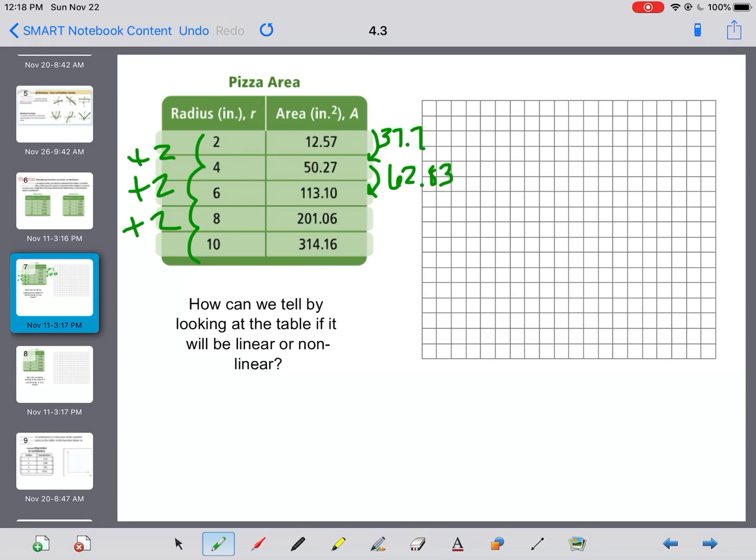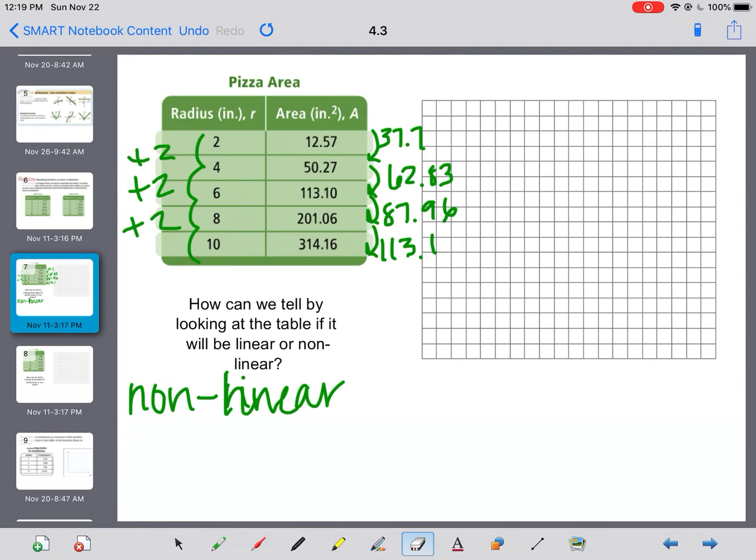Then to get from 50.27 to 113.1, we added 62.83. So we already know it's not changing by the same amount. The next one, we have to add 87.96. And then 113.1. So we know that it is nonlinear.